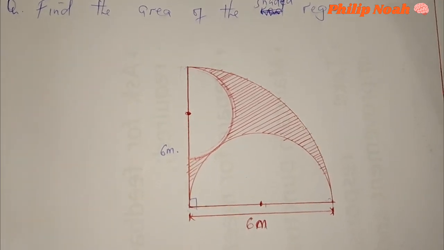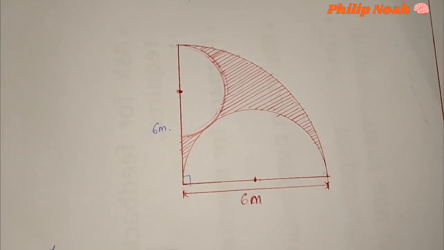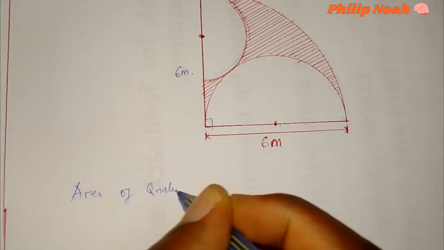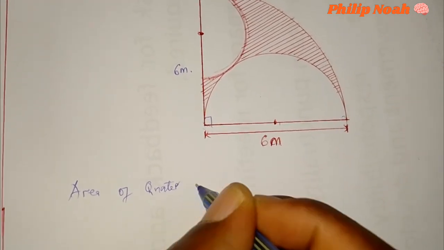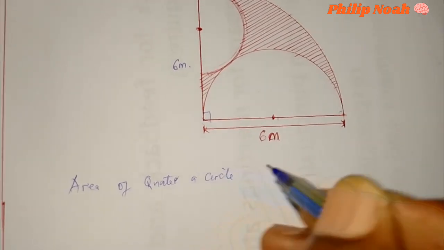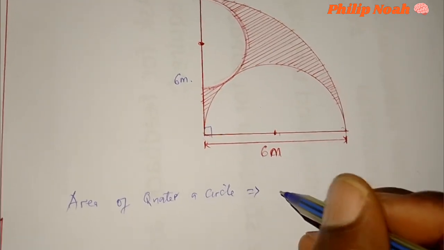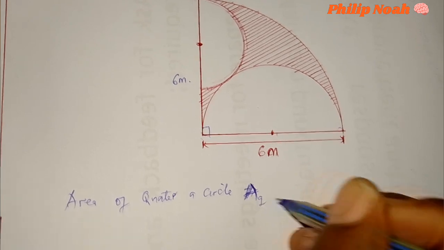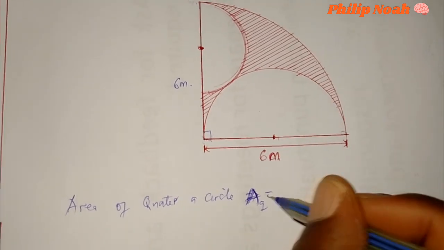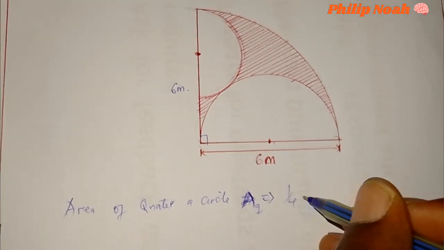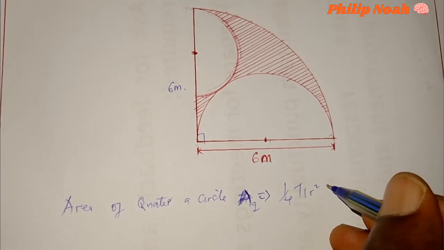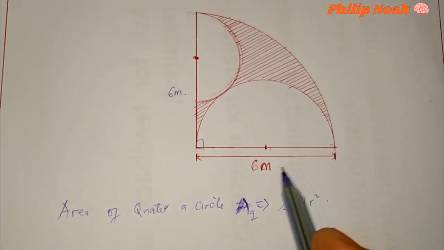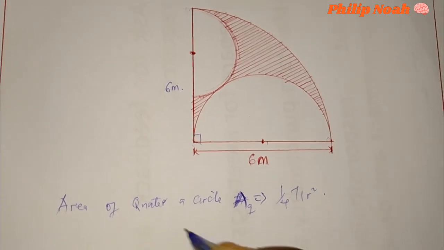So the area of the quarter circle, we can call it AQ, area for the quarter circle. It's a quarter pi r squared. But what's our r? Our r is 6 meters.